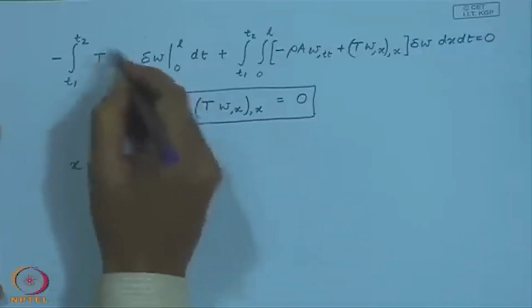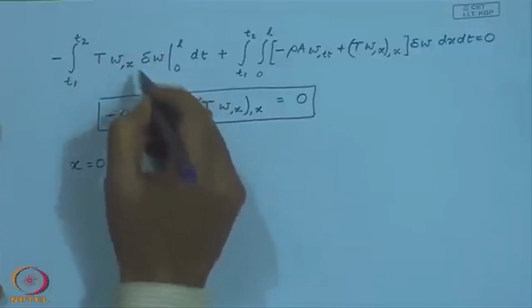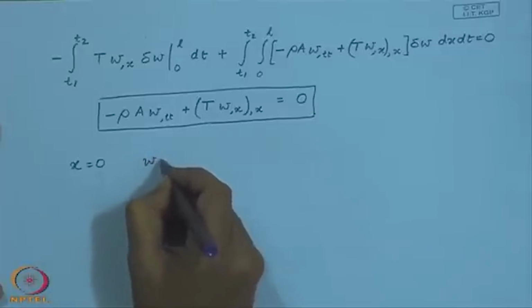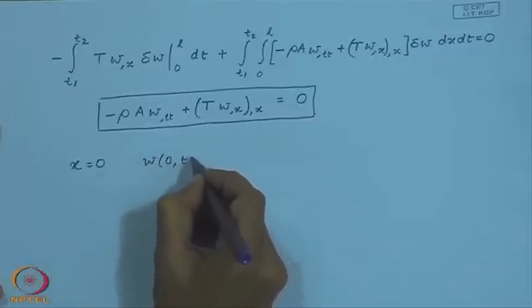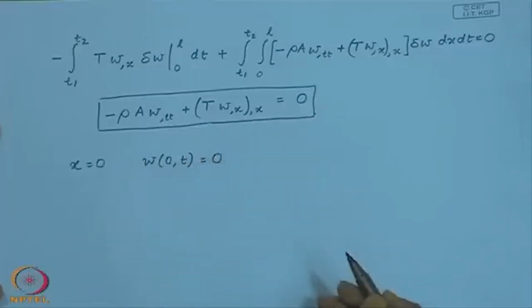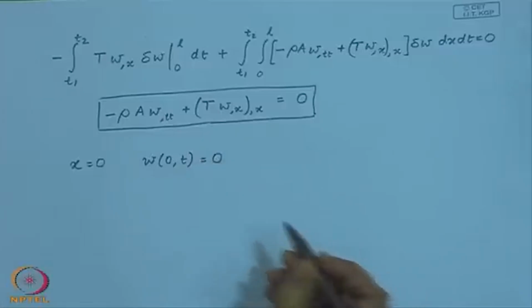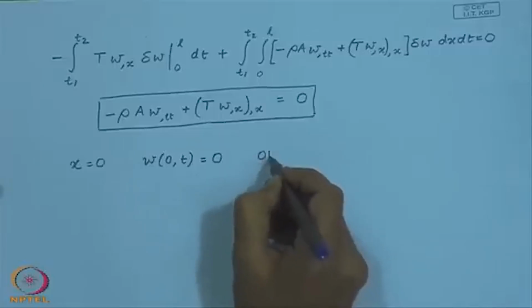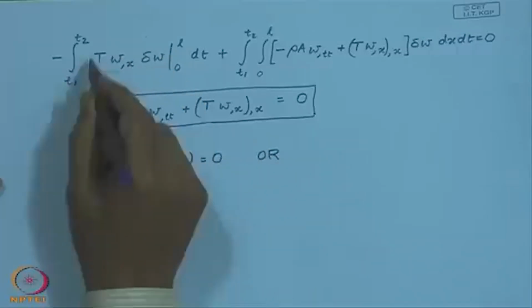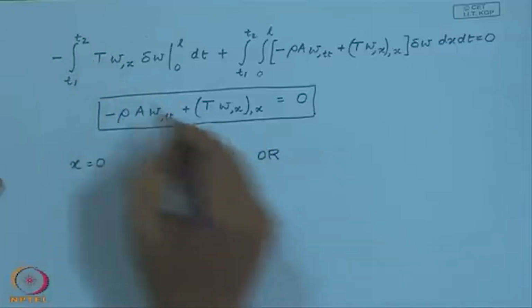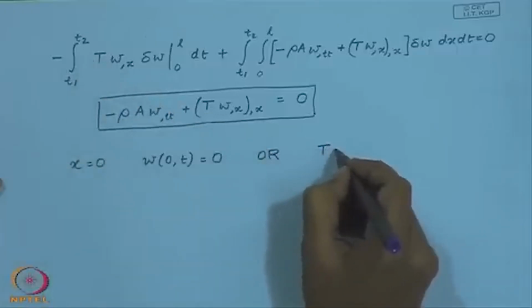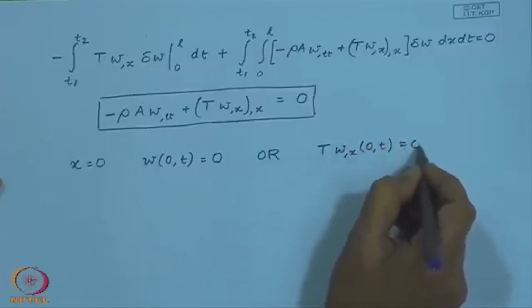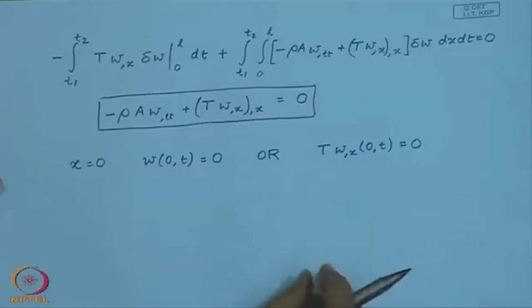This can vanish if delta w vanishes, which means that w is fixed, and for all times it may be 0, or this may vanish at x equal to 0 if this term is equal to 0.